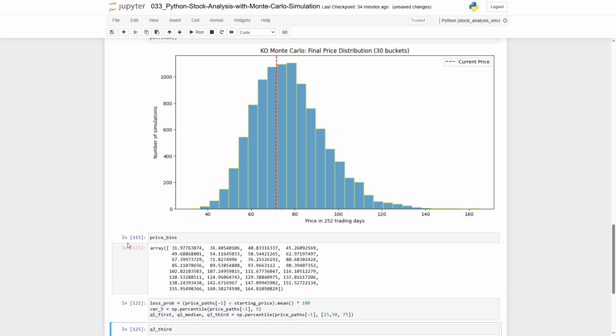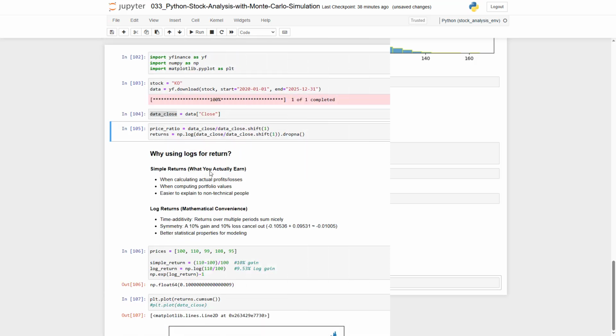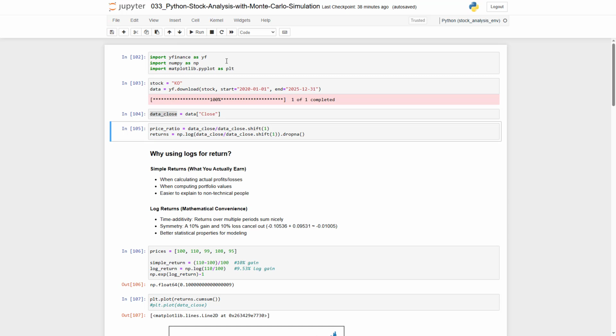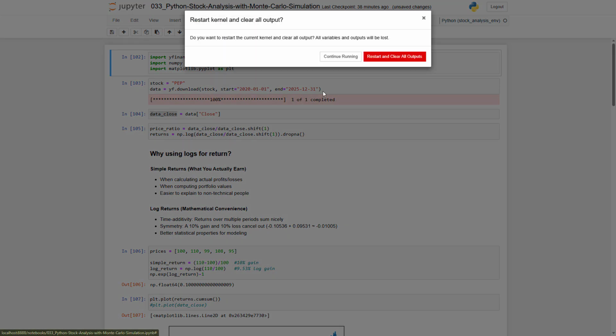Okay, so before making the summary of everything, I will improve a bit the outlook of this one, and let's try it once more. So let's summarize everything that we have done. For the summary, I'll use another stock. I'll use Pepsi, and I'll restart the kernel.